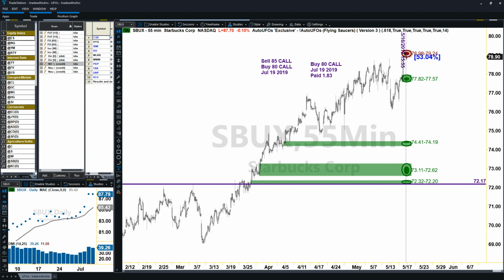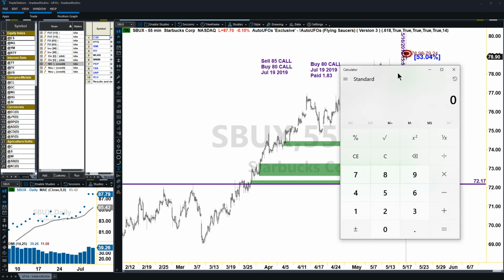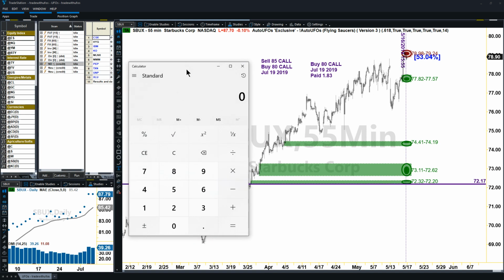Let me do a little mathematical calculation here. From 78 to 72 is $6 out of 78. This is like 7%. So we were happy and ready to see the stock move against us by 7% just to see if we're wrong or not.